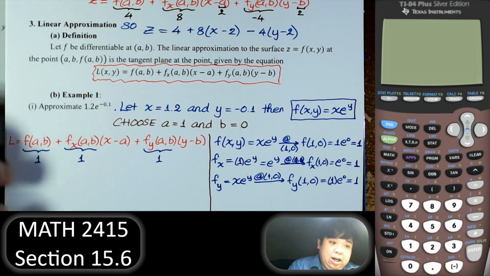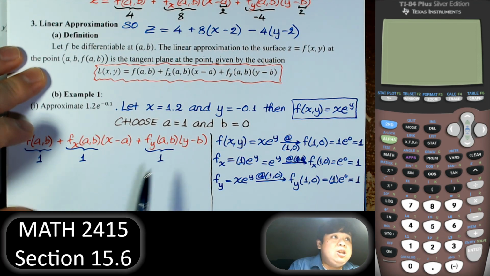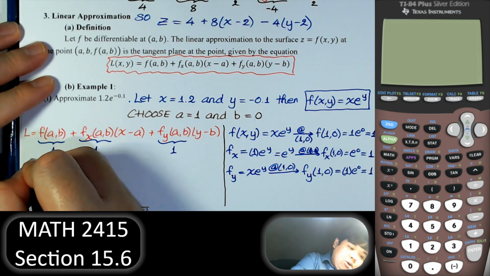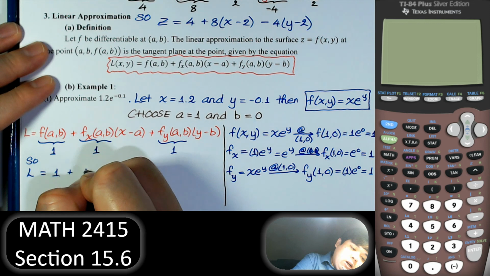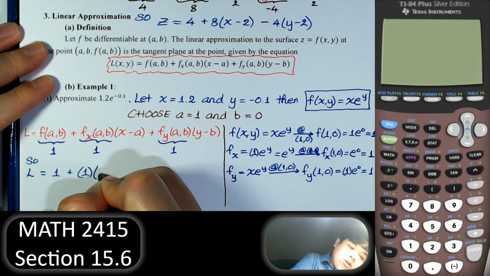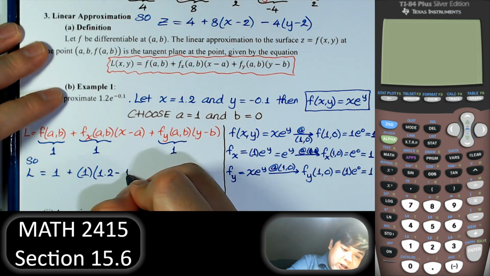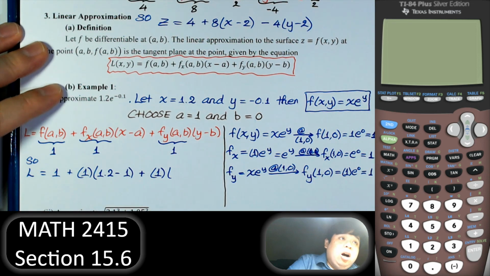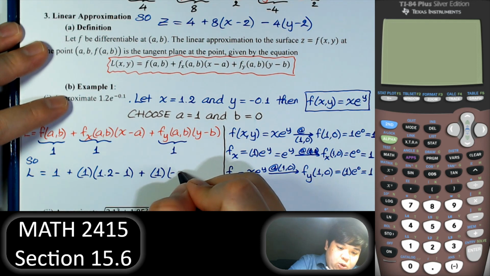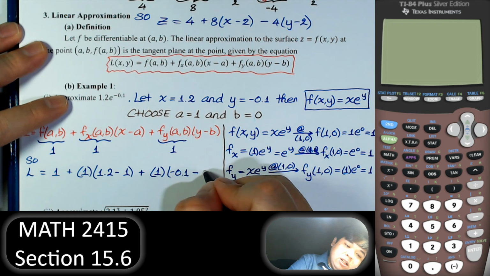Right, and then we do have x equal to 1.2 and y equal to negative 0.1. Just substitute everything in here. So the linear approximation equals 1 plus 1 (the derivative) times x, which is 1.2, minus a, which is 1, plus 1 (the derivative) times y, which is negative 0.1, minus b, which is 0.